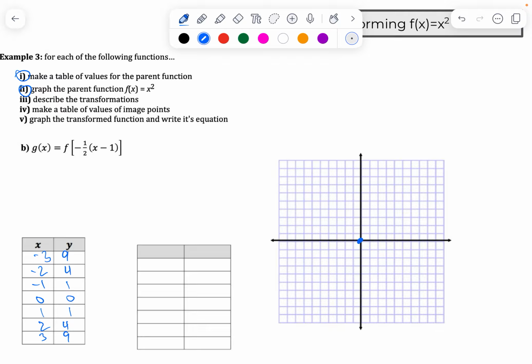So 0, 0, 1, 1, 2, 4, 3, 9. Then same on the left side. So there is the parent function. Okay, done. Describe the transformations.